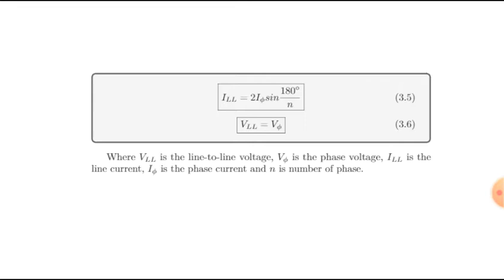IL is not equal to I phase, but it is equal to twice I phase times sine of 180 divided by n, while the phase voltage is equal to the line voltage. For star, it's the opposite. VL, the line voltage, is equal to 2 times V phase times sine 180 over n, and IL is equal to I phase. Here, it's the other way around.